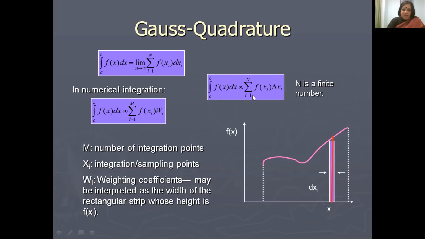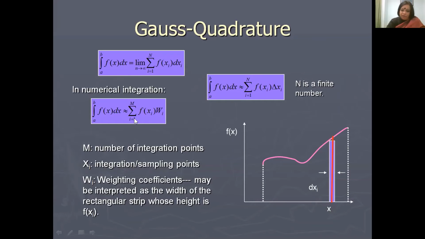So I can therefore replace this integration, integral a to b f(x) dx, as approximately equal to summation i equal to 1 to capital M, f(xi) wi. So xi are the points.